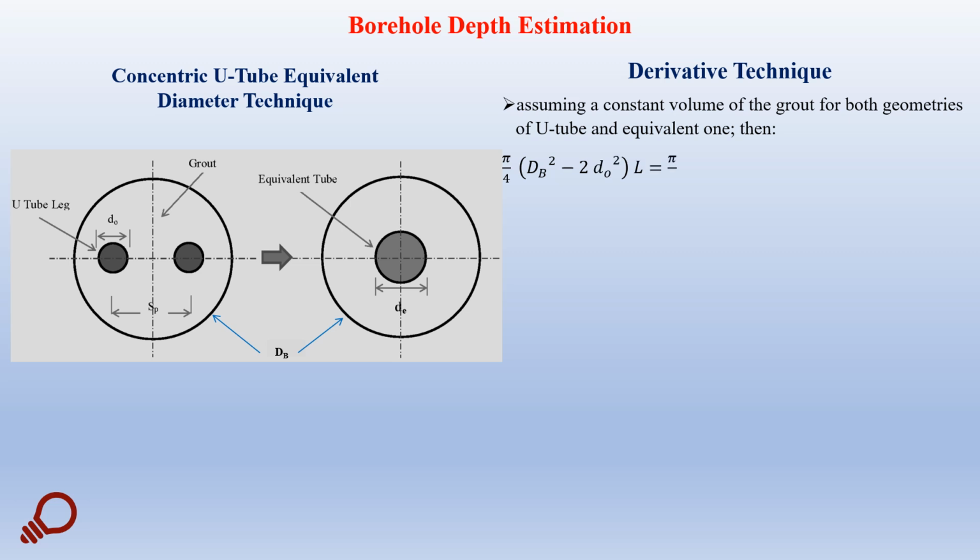Therefore, pi over 4 times (D_b squared minus 2 D_0 squared) times L, which represents the volume of the grout in the original geometry, equals pi over 4 times (D_b squared minus D_E squared) times L. And this will produce D equivalent equal to square root of 2 times D_0.